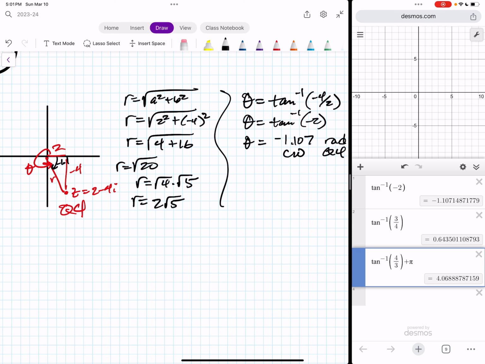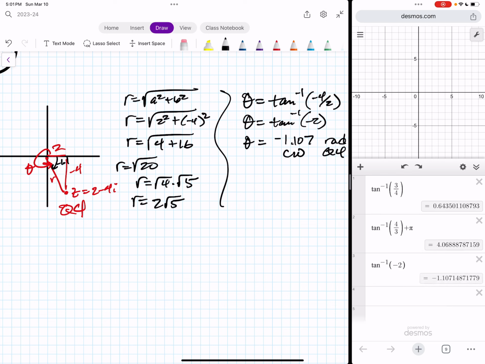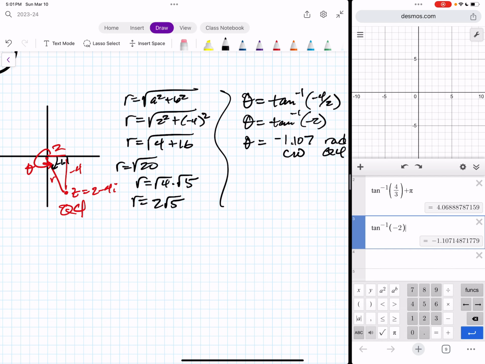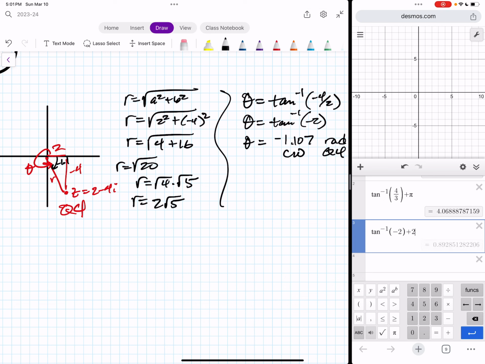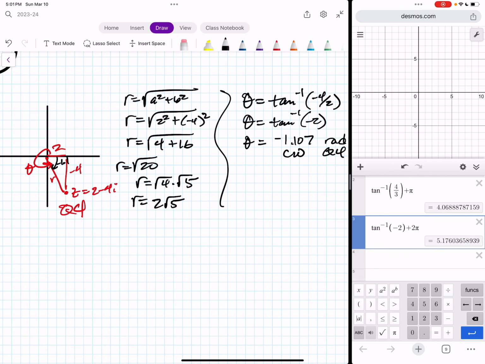So we take this and add 2 pi radians, and guess what? We get 5.176 radians. This is a coterminal angle, 5.17 radians, coterminal with negative 1.107 radians. Thank God you guys know coterminal angles.